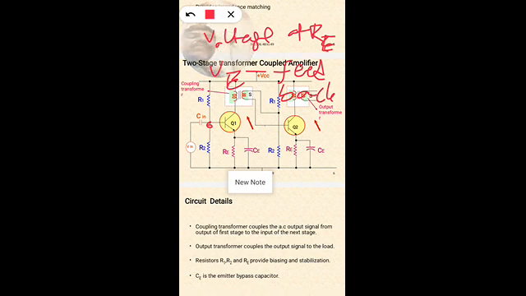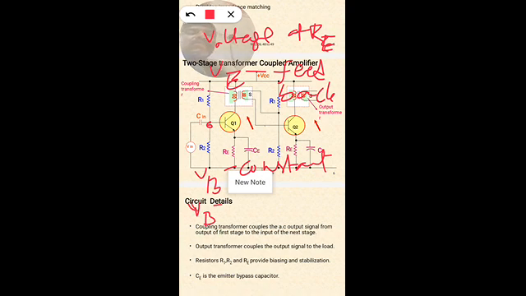So already in the input we are fixing VB, which is constant, using the biasing circuit, and we can write the KVL equation for the input circuit.